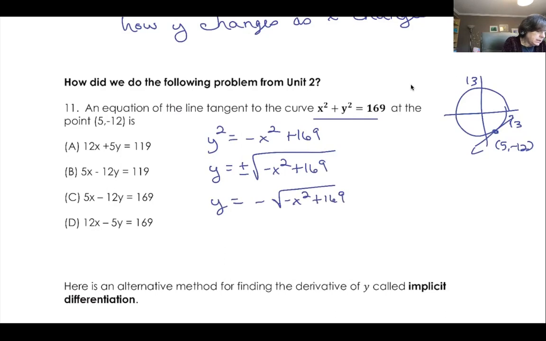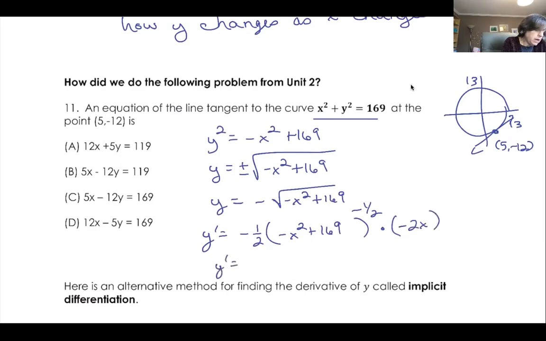So I need to take the function y equals negative the square root of minus x squared plus 169 and take the derivative of that. So that was y prime equals the negative, bringing down that exponent, one half, of the inside, googly, to the negative 1/2 power, times the derivative of the negative x squared plus 169, which would be minus 2x.